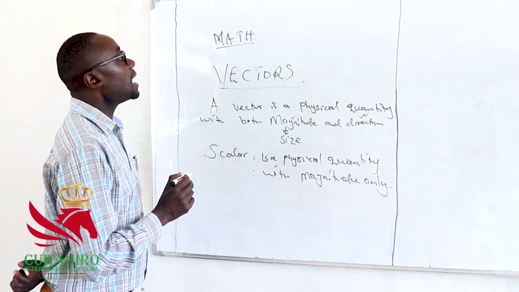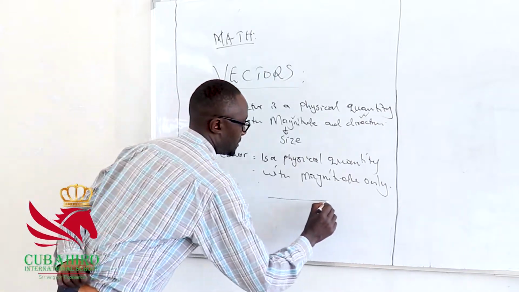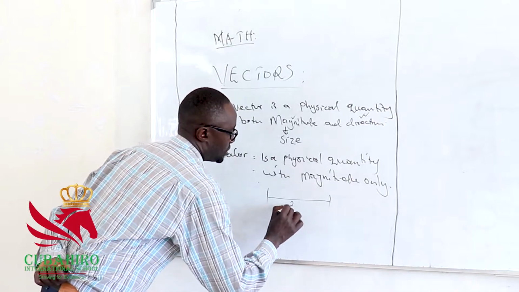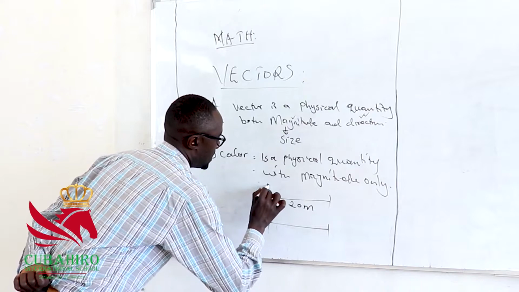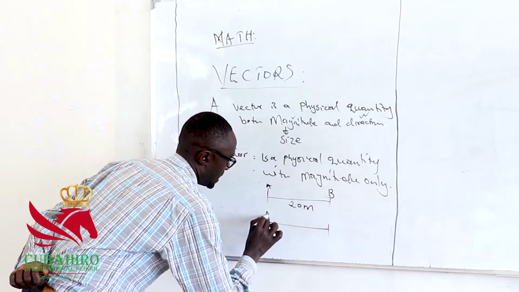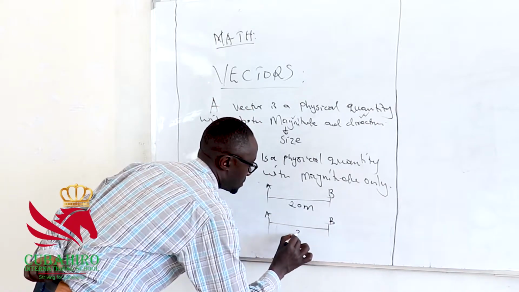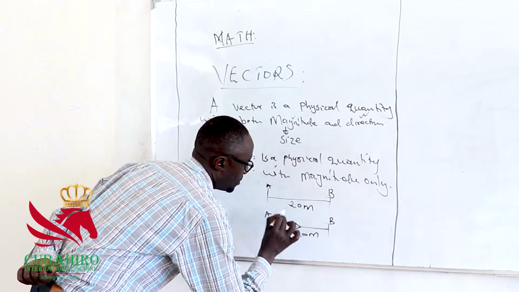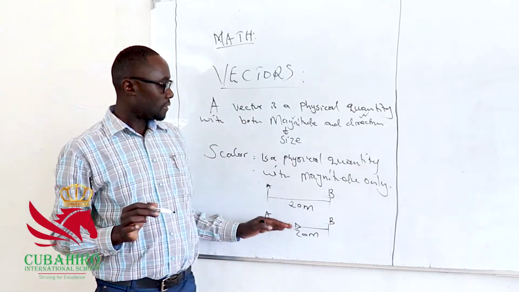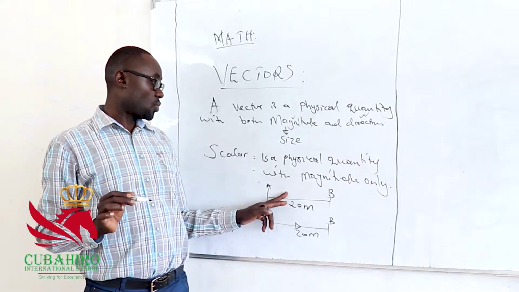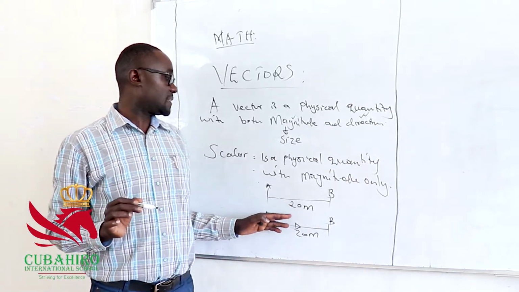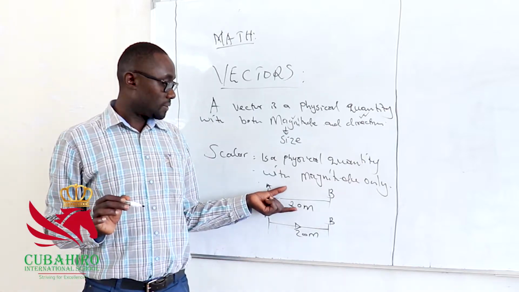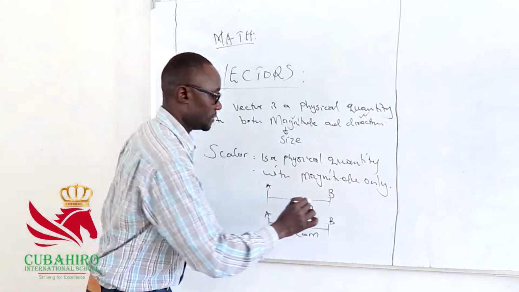Now, if I can have two lines, this is one line, which is 20 meters. This is another line, line AB, which is also 20 meters. Look at these two. These are two lines. The first one has no sense of direction or direction indicator. So in that case, this is a scalar.